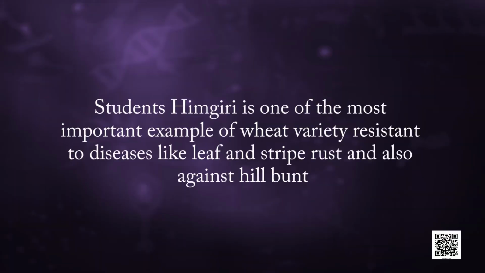Conventional breeding is often constrained by the availability of a limited number of disease resistant genes that are present and identified in various crop varieties or wild relatives. Students, Himgiri is one of the most important examples of a wheat variety resistant to diseases like leaf and stripe rust and also against hill bunt.